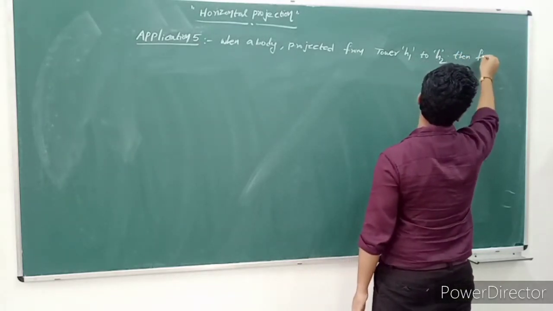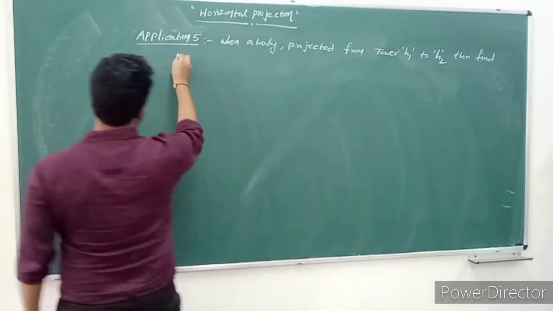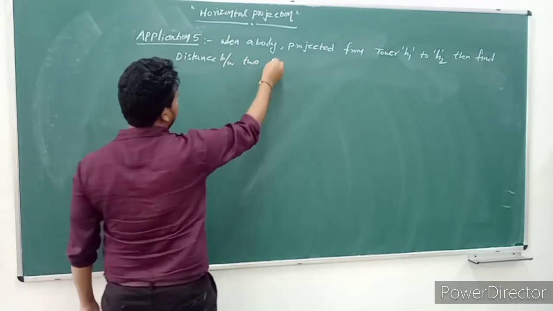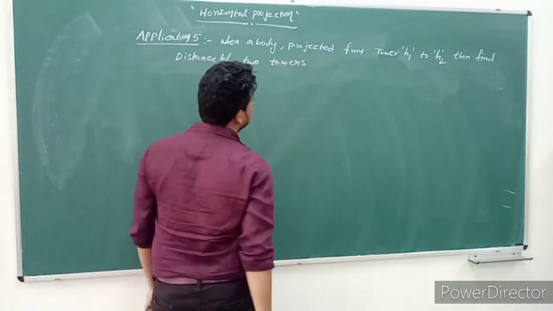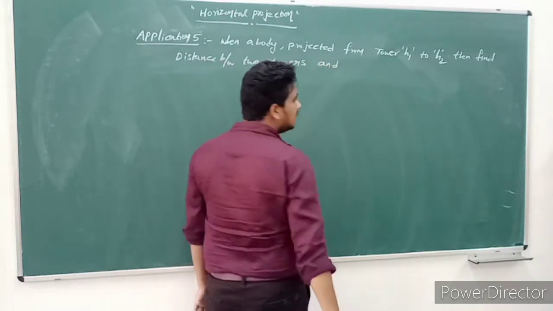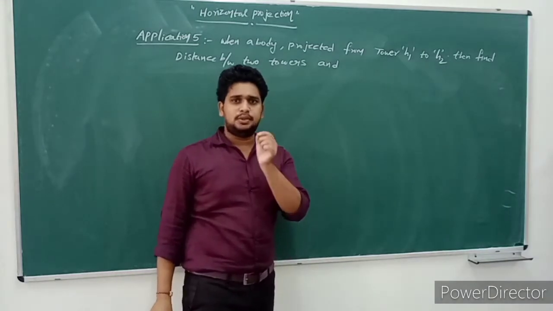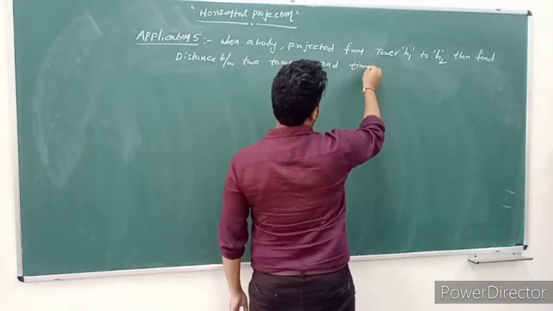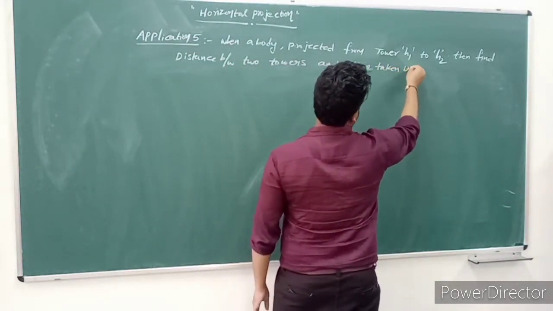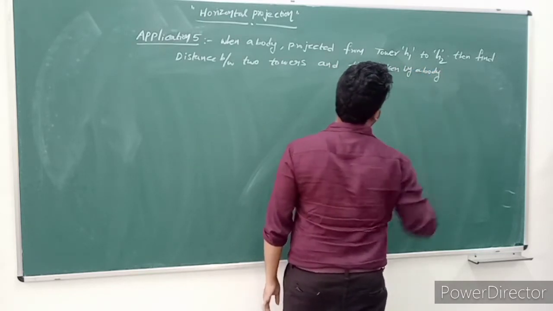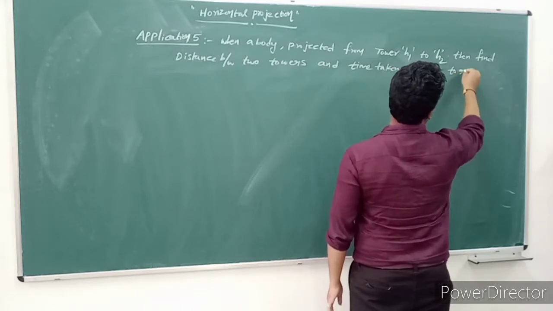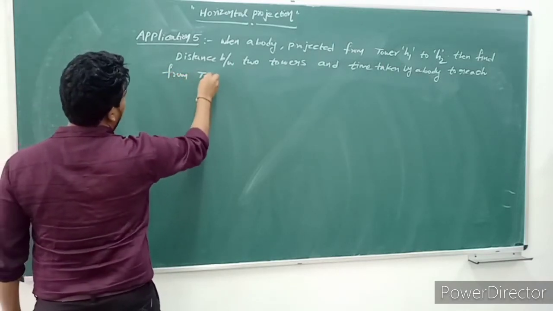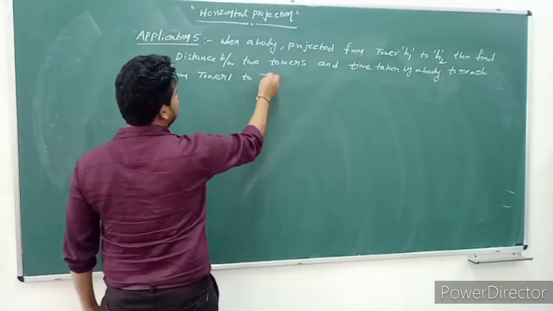Then find the distance between the two towers, and the time taken by the body to reach from tower 1 to tower 2.